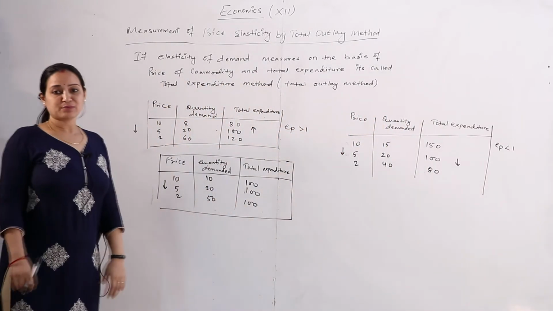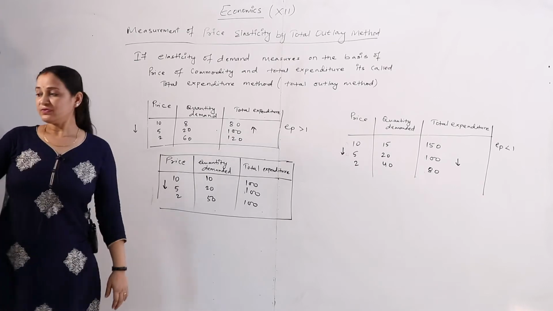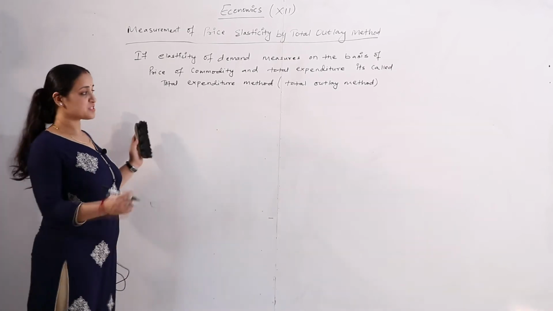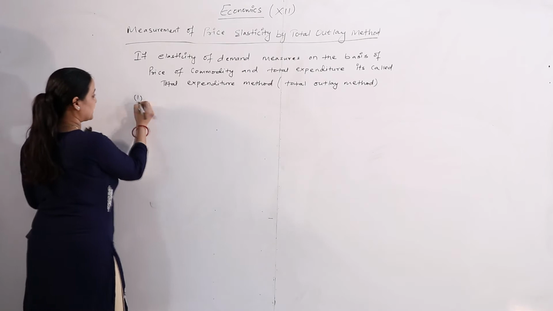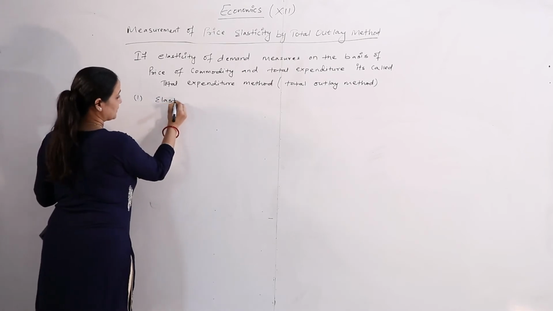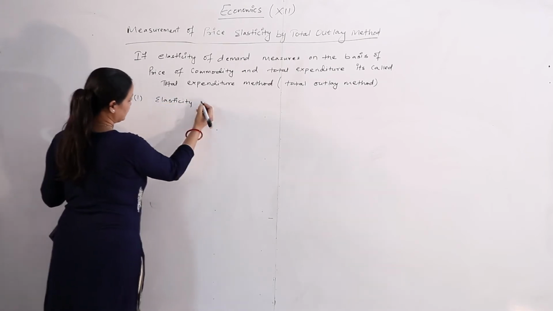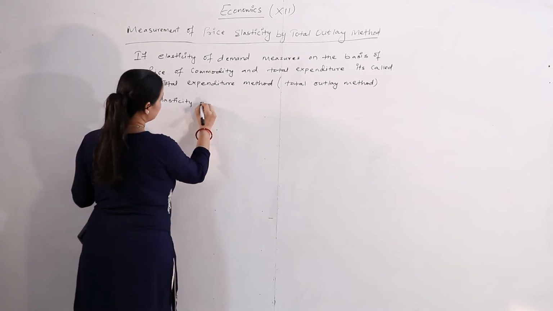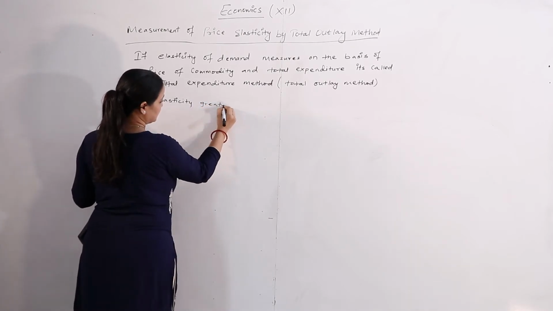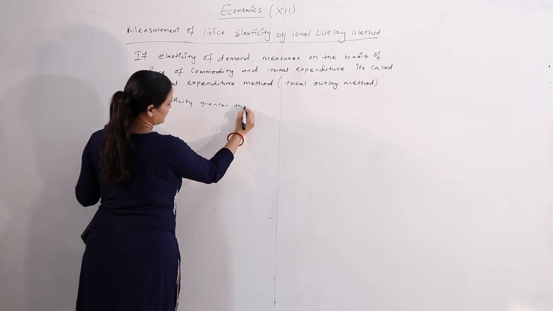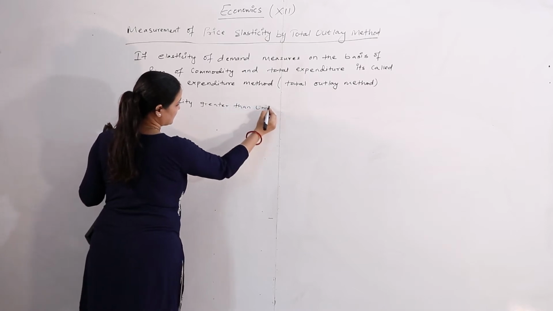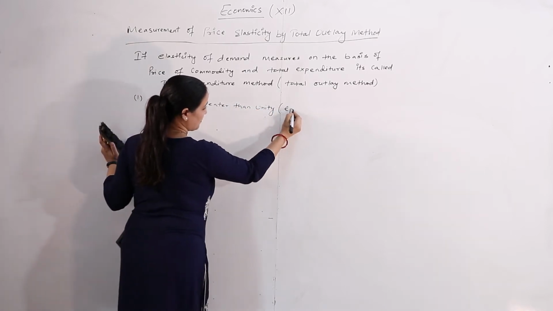So there are three statements of the elasticity of demand. Now we describe the three statements in three ways. The first one is elasticity greater than unity.